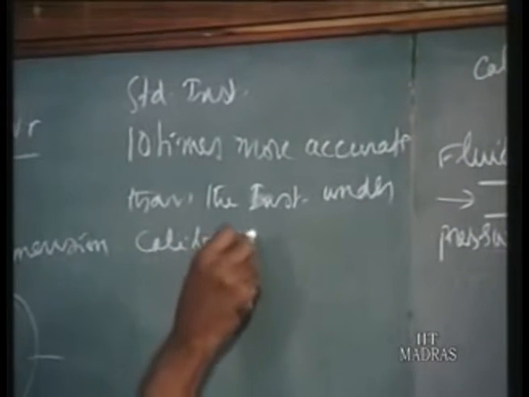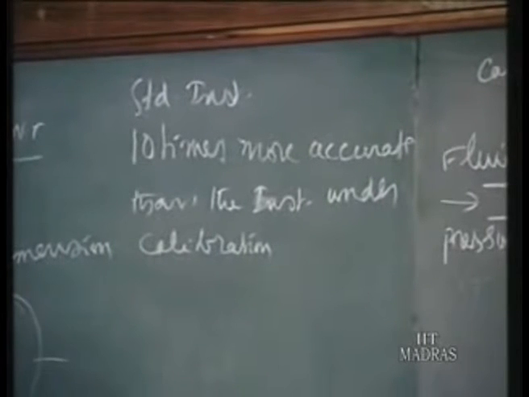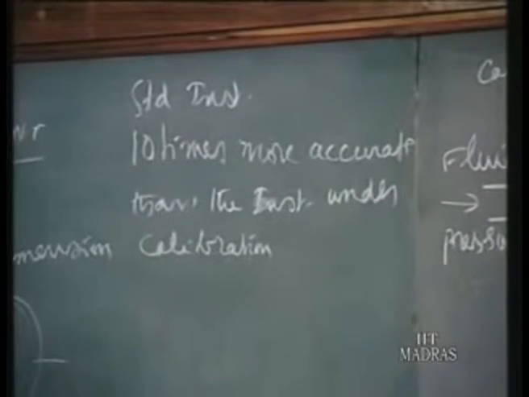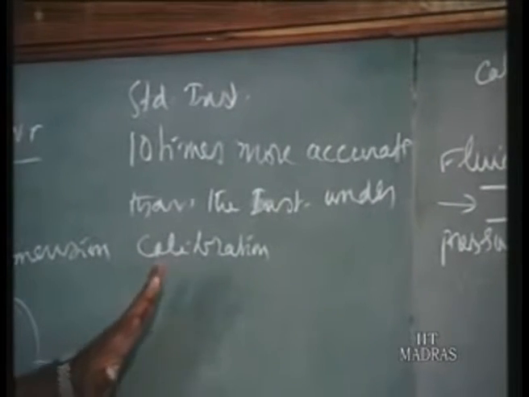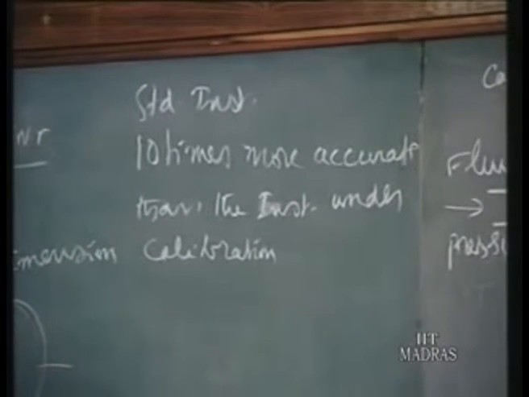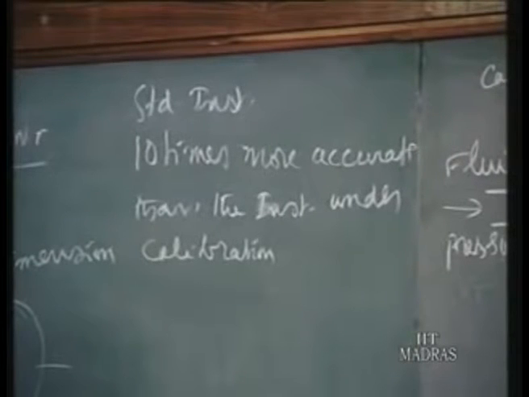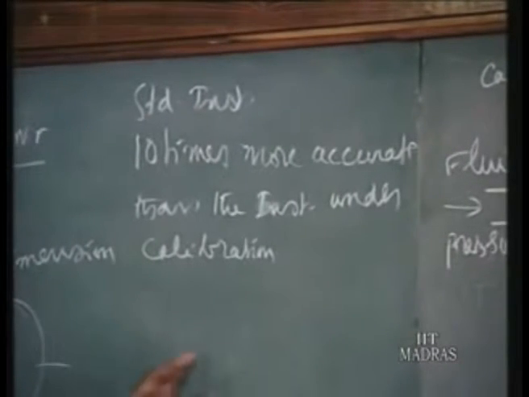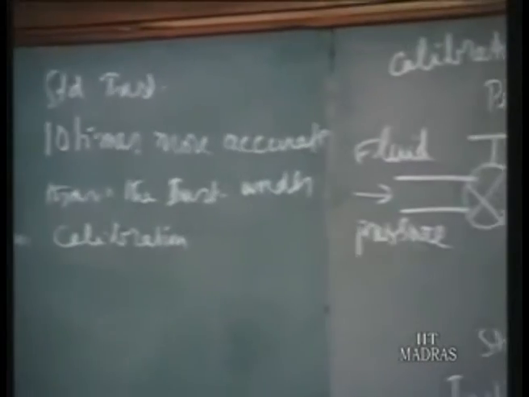That is, if the instrument under calibration has 1, 2, 3 bar as a least count, the standard instrument should have 10 times more accuracy. That means we should be able to read 0.1, 0.2, 0.3 bar also. So that's why we select a standard instrument.